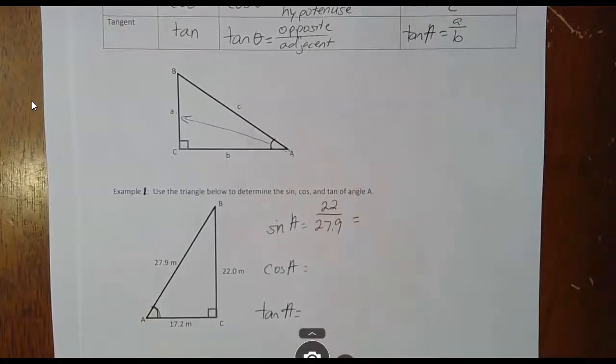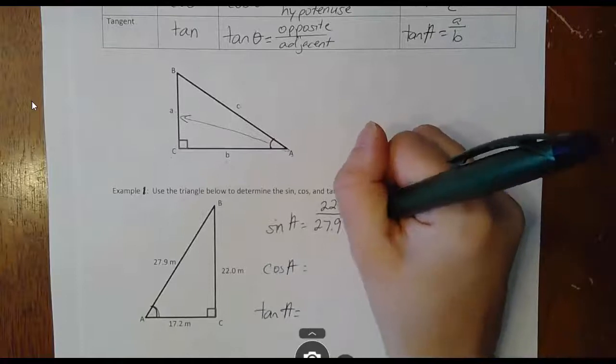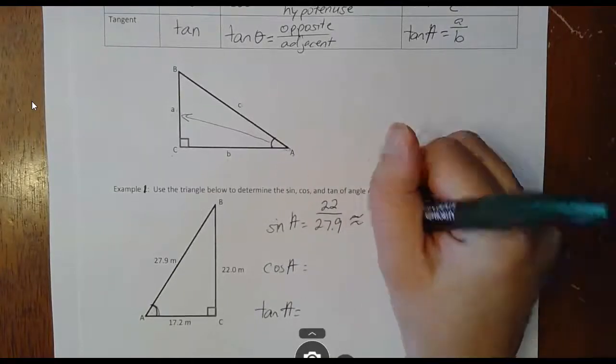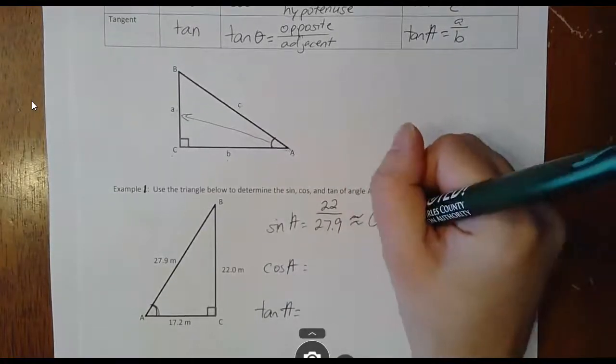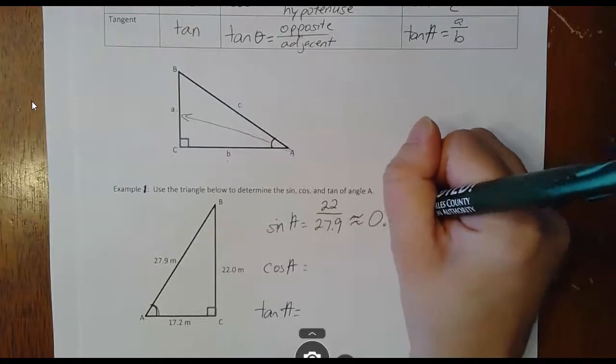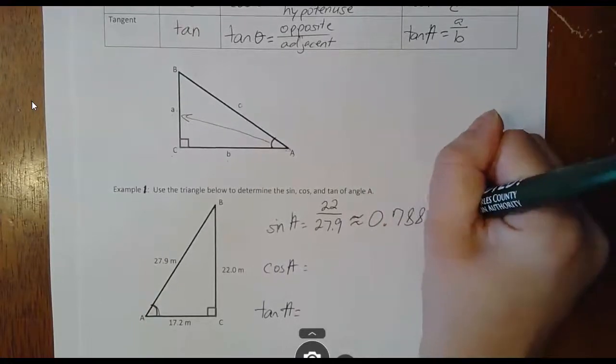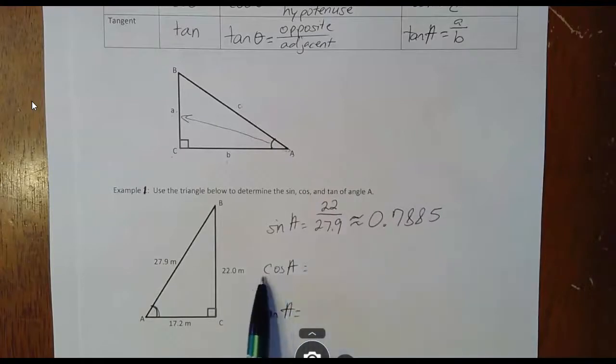You can use your calculator to get an approximation. 22 divided by 27.9 is approximately 0.7885.